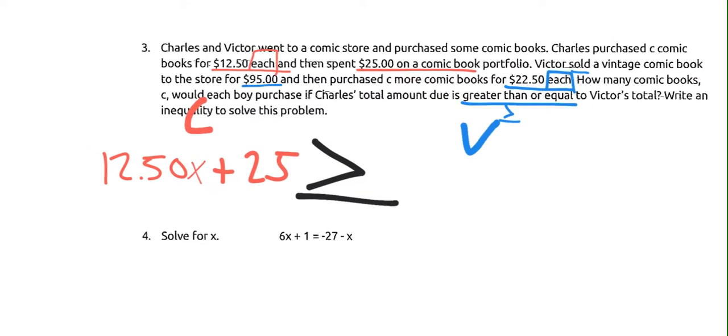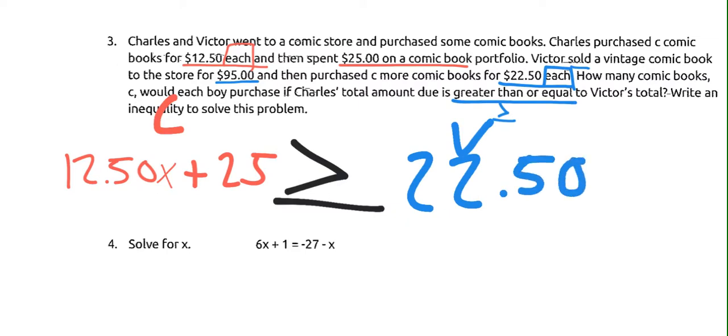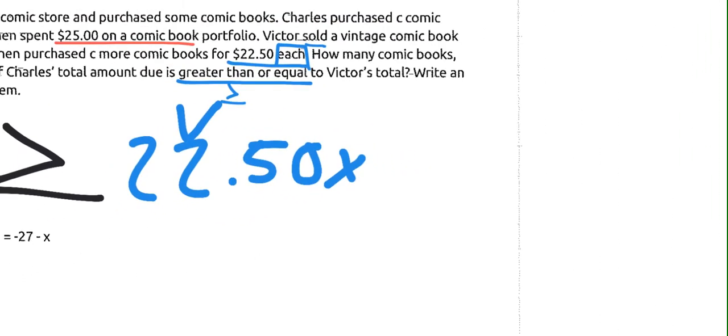Victor, let's see, what did he do? Let's start with his comic books. He's buying them for $22.50 each. That's going to be for each comic book. That's because we're trying to get a total. But he sold his vintage comic book for $95, which means he's going to get $95 off of his total.